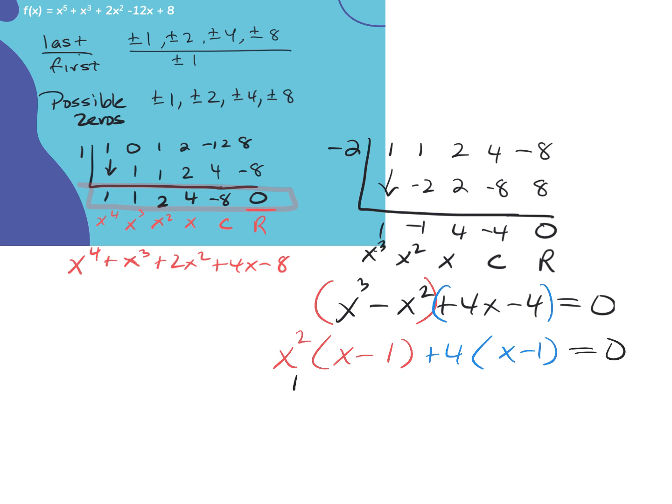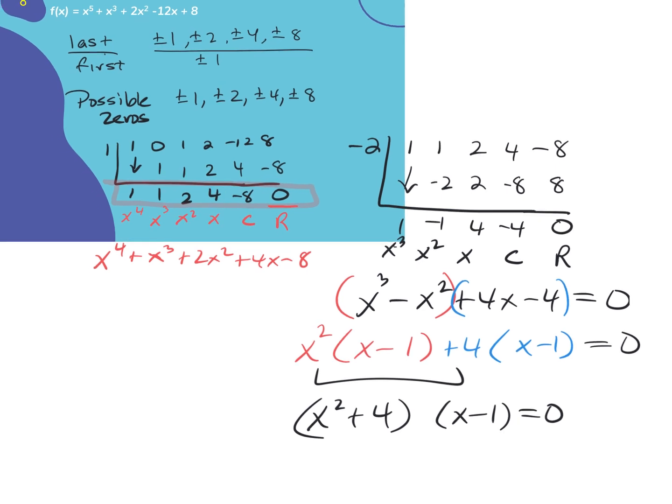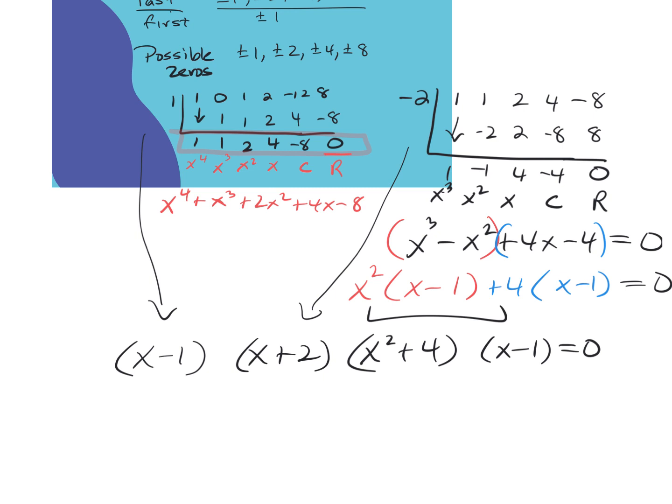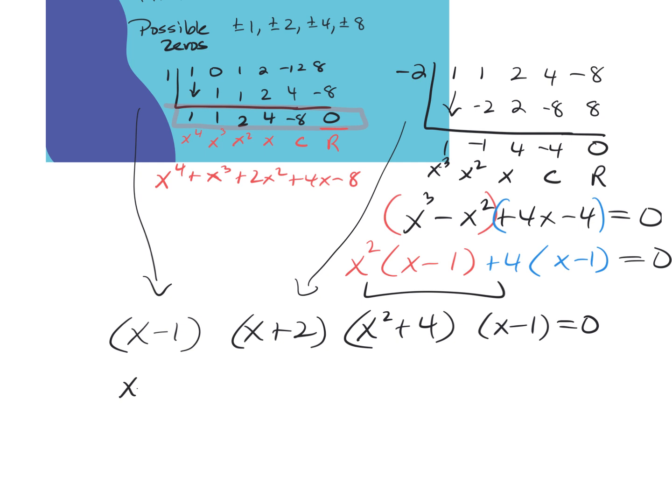And now I take these two, put them together, x squared plus 4, and then the x minus 1. And now remember, you also have the factors from the beginning, the two that you did the synthetic with, and then this one becomes an x minus 1. These are the factors, and again, set each factor equal to 0 and then solve for x on each one.